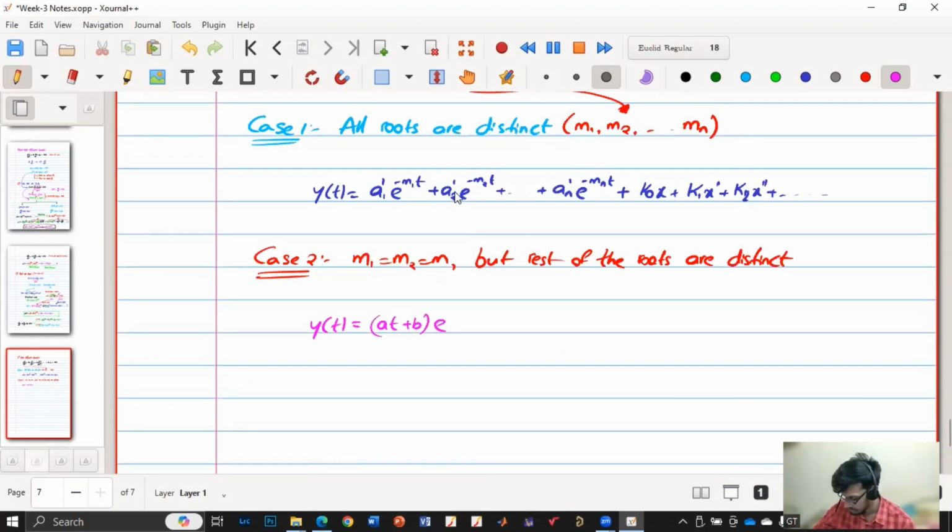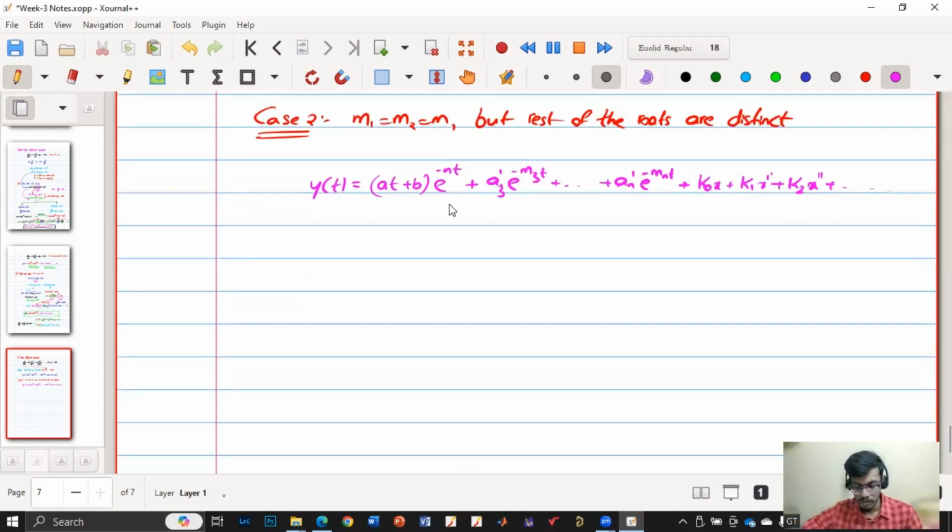Okay, fine. e to the power minus m1t, plus a3 dash e to the power minus m3t. I'll use 3 so that it will be easy. Plus up to so on a n dash e to the power minus mnt, plus k naught x, plus k1 x dash plus k2 x double dash plus up to so on. So in this way we can do.